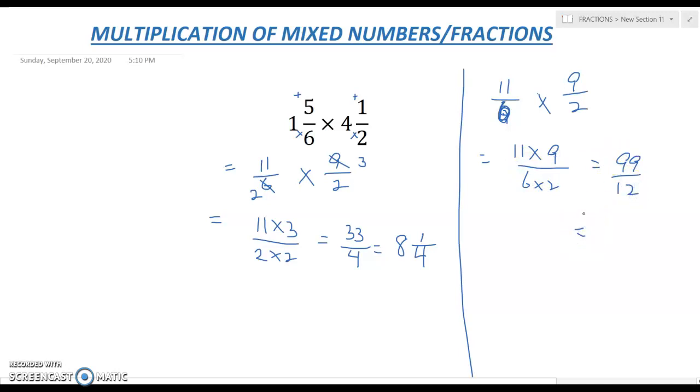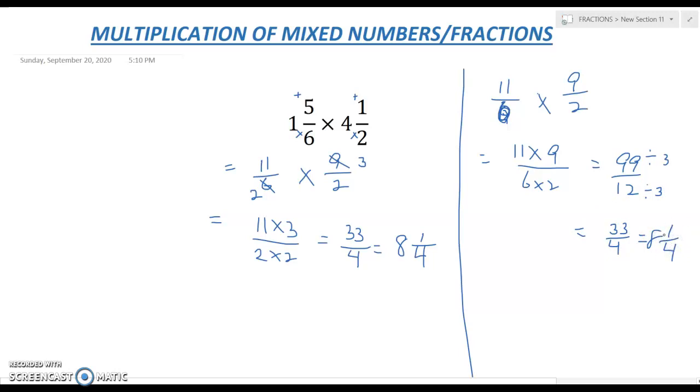From here, this is where you need to know your times tables. What number could go into both 99 and 12? Well, we know that 3 can go into 9, so therefore 3 should be able to go into 99. And then 3 can go into 12. And then we get the 33 over 4, 8 and a quarter.